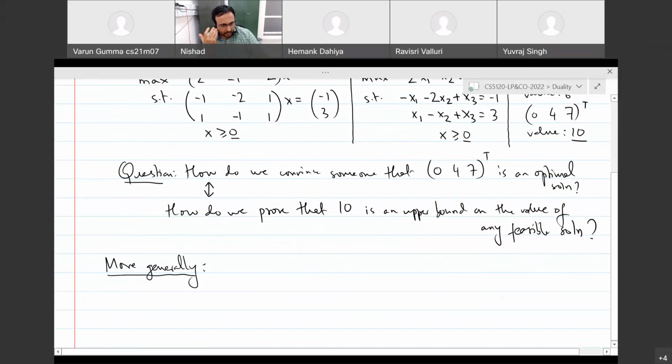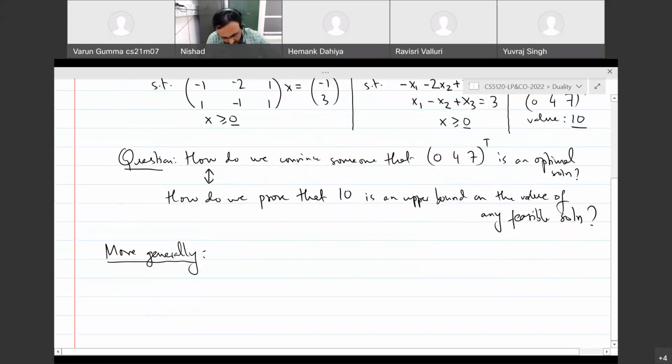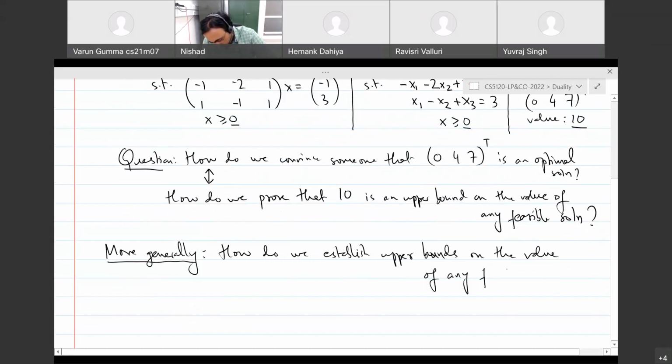Of course, we are talking about upper bounds because we have a maximization LP.